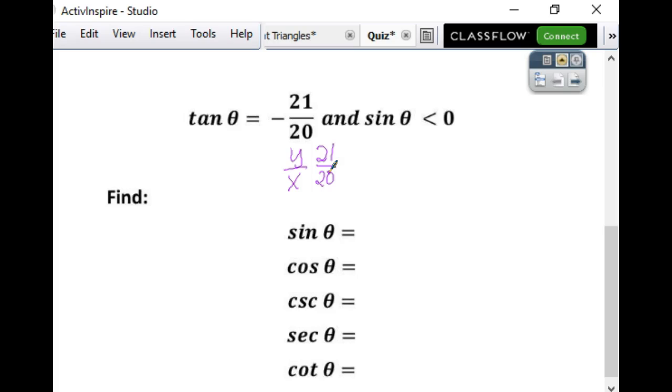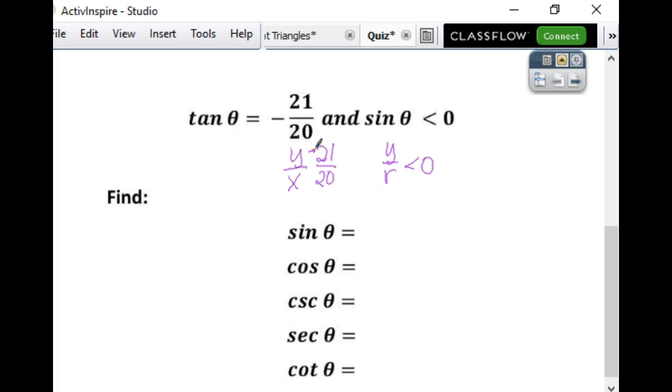And sine is which one? And this is less than 0. Well, the r is positive. What does that mean the y has to be? So my y is the negative one. So can the x be negative? Why? Because two negatives would make it a positive.